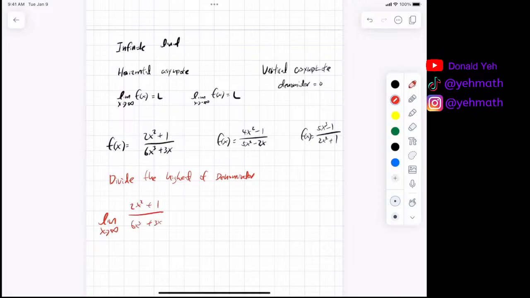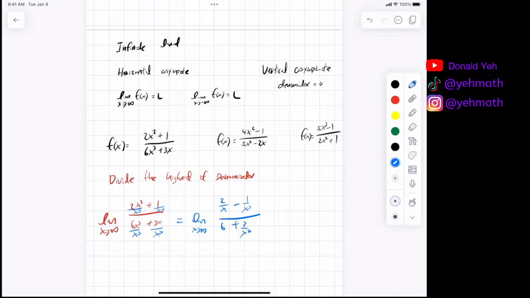The highest degree of denominator is this. Am I going too fast? We probably should remember this. Limit x approaching infinity, this one is going to be 2 over x. If I simplify it down, 1 over x cubed over 6 plus 3 over x cubed.